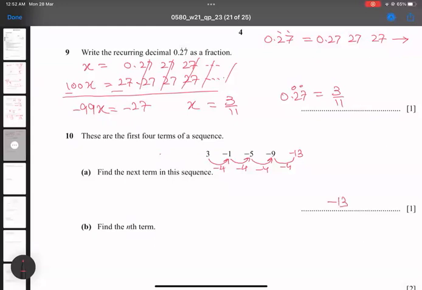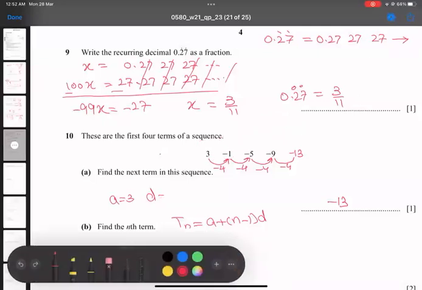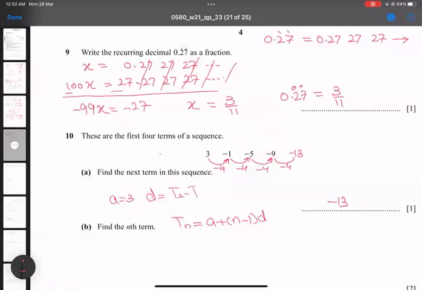Now how do we get the nth term? In this case, we have a formula, and the formula is Tn equals a plus (n minus 1) times d. This is called arithmetic progression. In arithmetic progression, the first term is 3. The common difference is the second term minus the first term. The second term is this one and the first term is this one. So T2 minus T1.